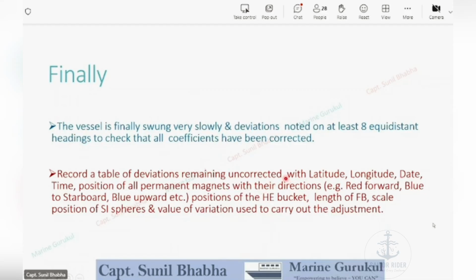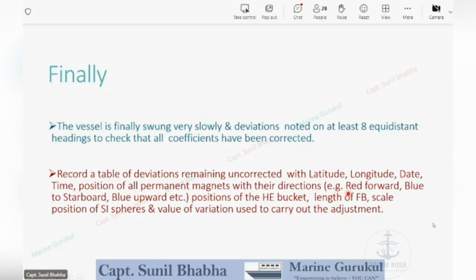Along with the deviations, we note down the latitude and longitude of the place where the correction is done, the date when the correction is done, the time, and also the position of all permanent magnets with their directions.